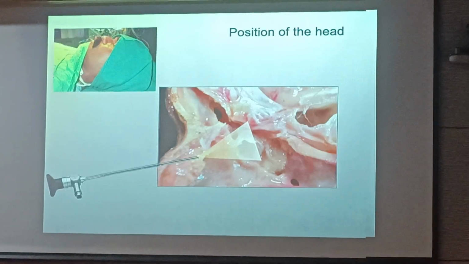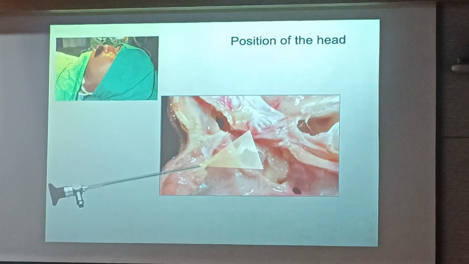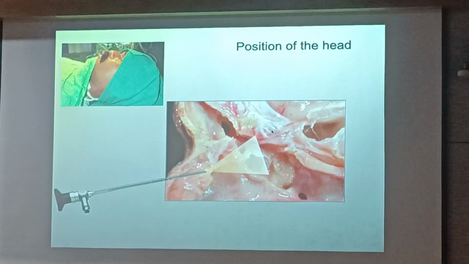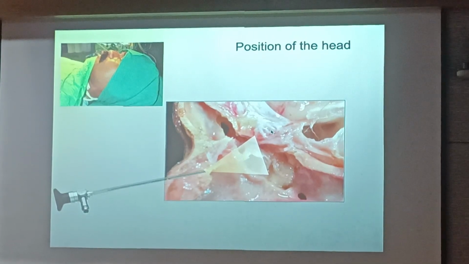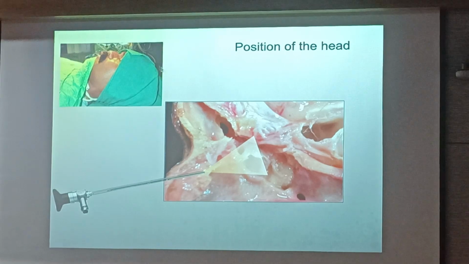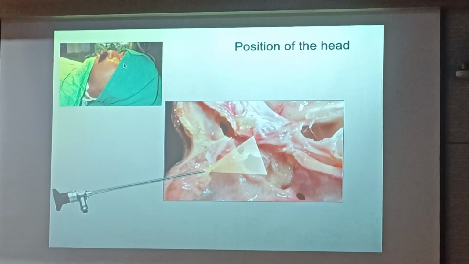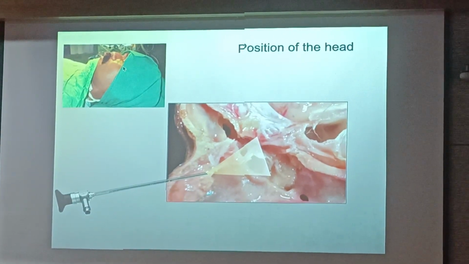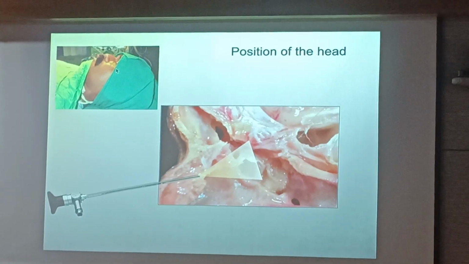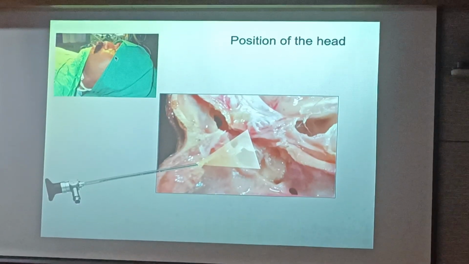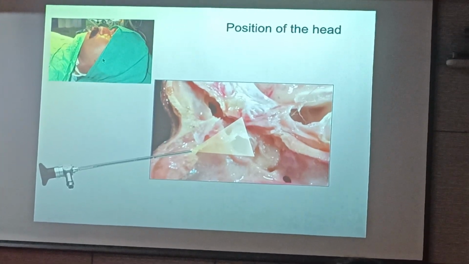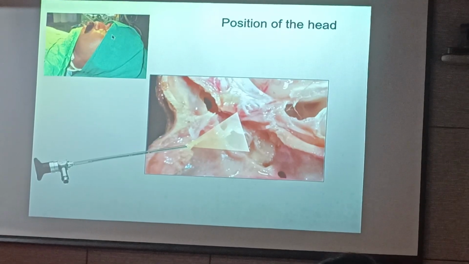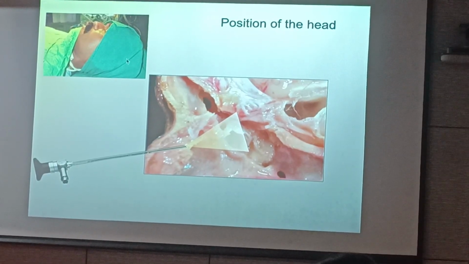Where do you keep the scope? First of all, when you're operating, we know that the skull base slopes like that. So you always keep the head semi-flexed. In FESS surgery, you keep the head semi-flexed, which means that the orbitomeatal line, called Reid's baseline, R-E-I-D, that is from the lateral canthus to the upper border of the external auditory meatus, should be at right angles to the plane of the table.